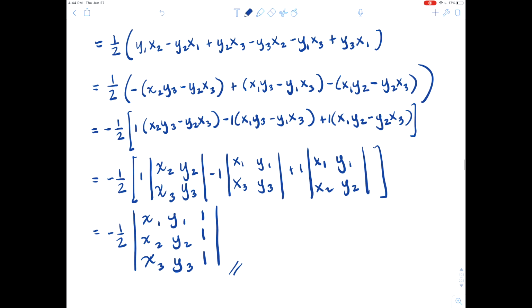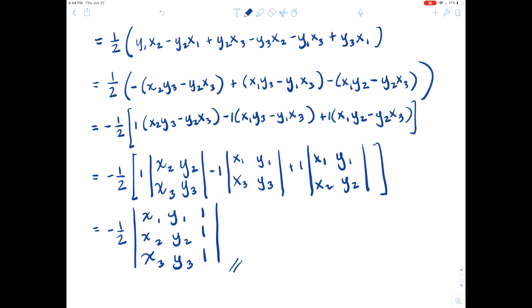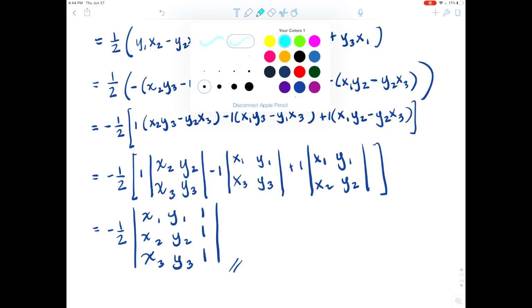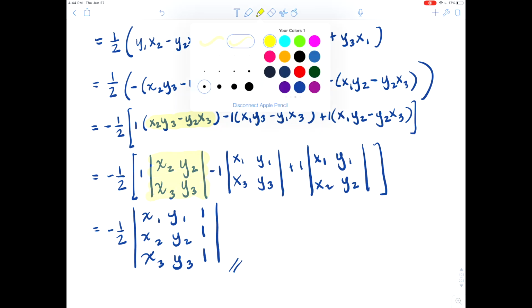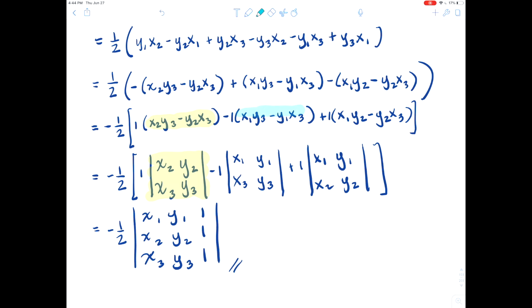And then just so you can sort of match things up in case you didn't quite catch it, this quantity here is equivalent to this determinant here. And this quantity matches up with this determinant.